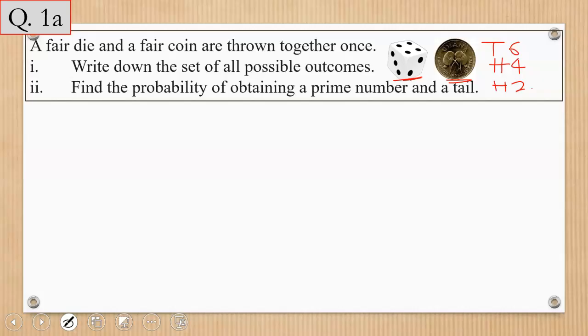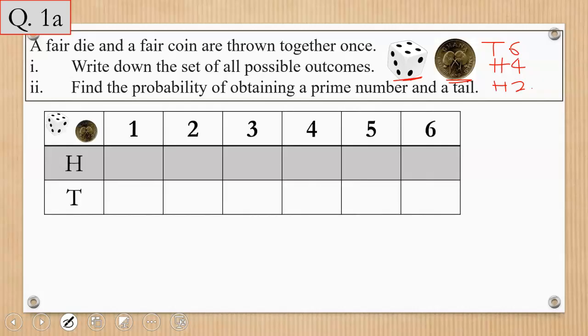generated. So to make it easier for us, let's tabulate this particular question, where we have the die having 1, 2, 3, 4, 5, 6, and then the coin representing the head and the tail, or we have only head and tail anytime we toss a coin.